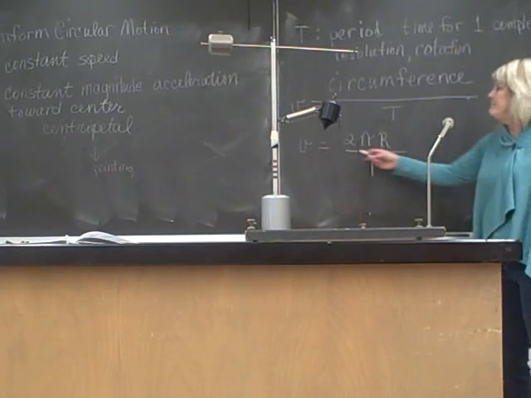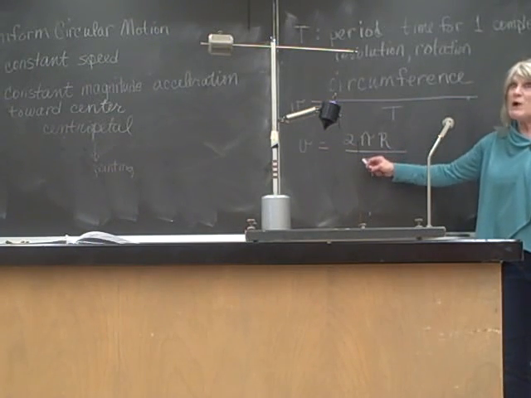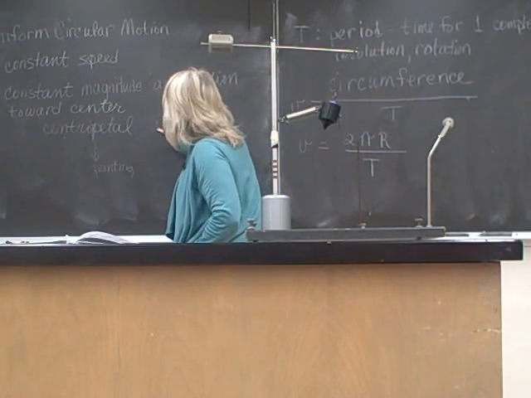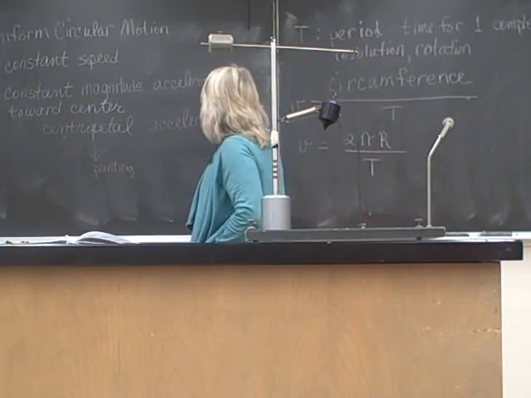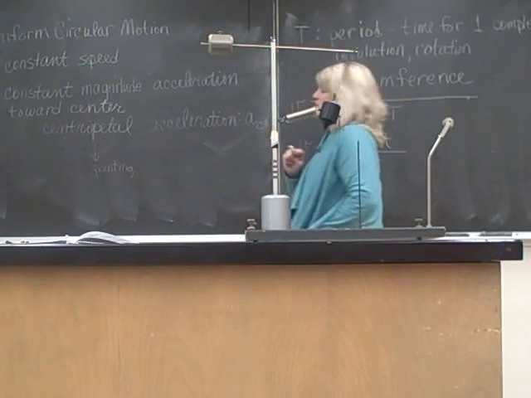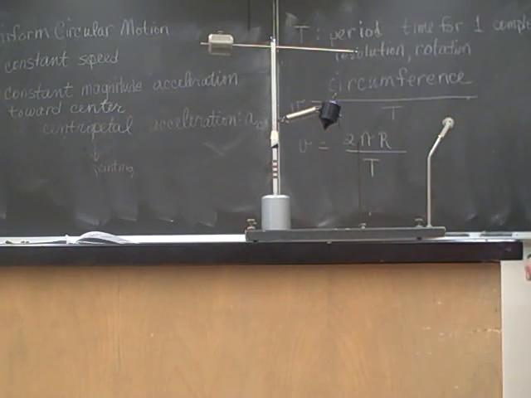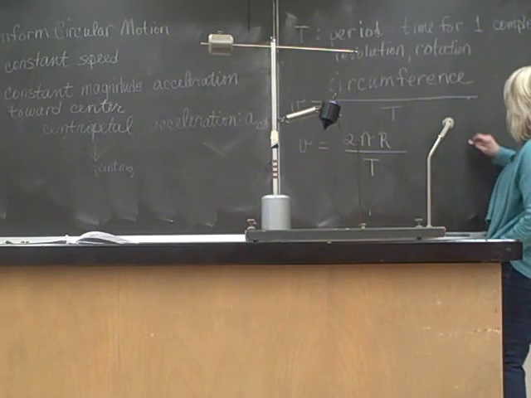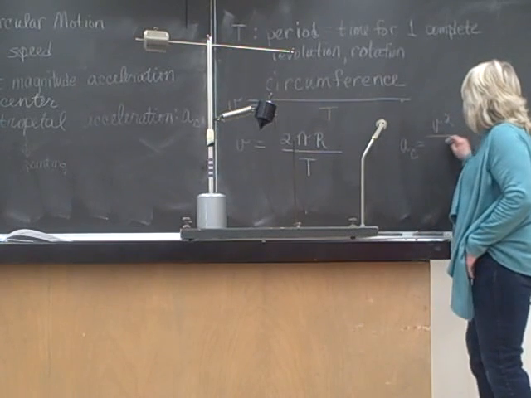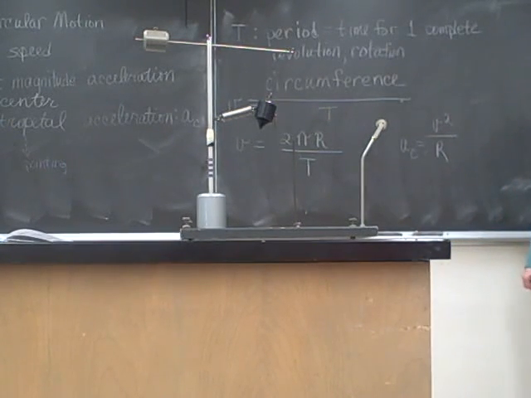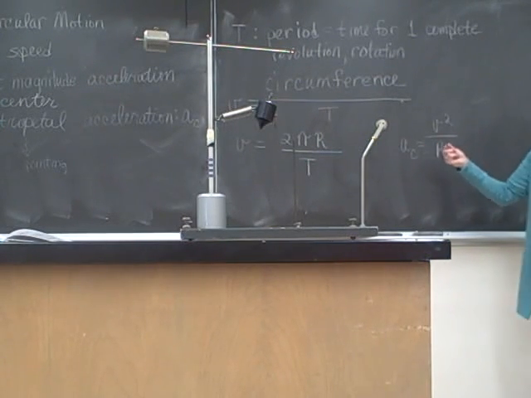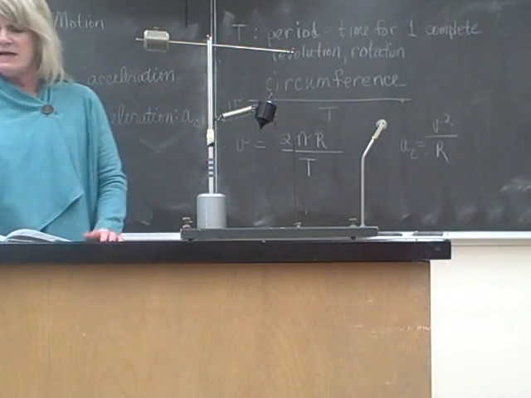But what I'm going to tell you right now is that the centripetal acceleration, which we are going to label little a sub c, is v squared over r. You can derive this. I'm just handing it to you, okay? So if you ask me where that comes from, I'm just going to say I handed it to you.